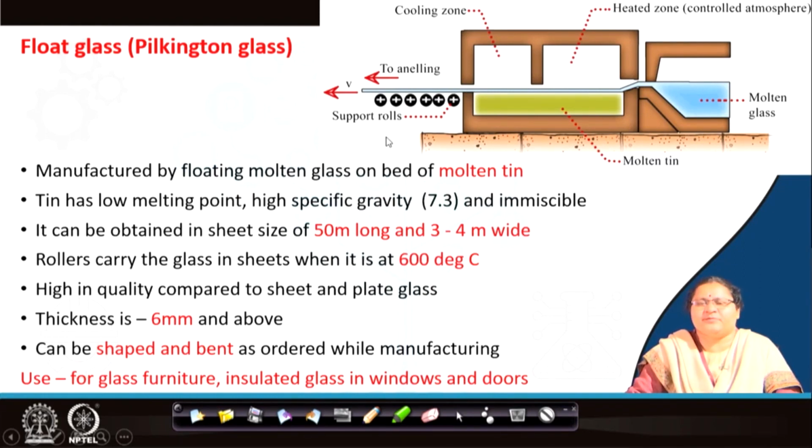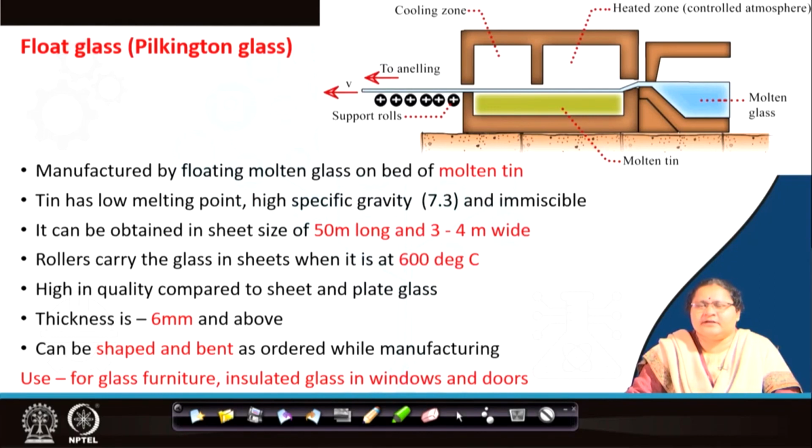This is actually called Pilkington glass, and as it floats over tin it is called float glass. The speciality is that it can be obtained in sizes of 50 meters long and 3 to 4 meters wide. These rollers carry it, and at 600 degrees centigrade it gradually sets and you can allow it to cool down.